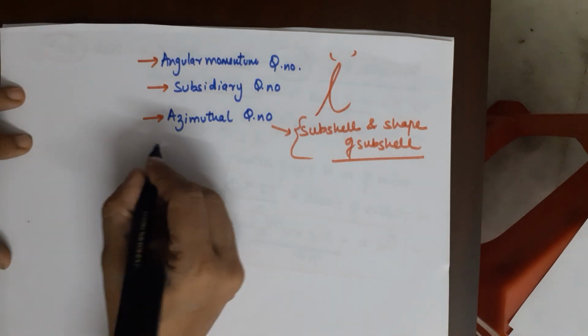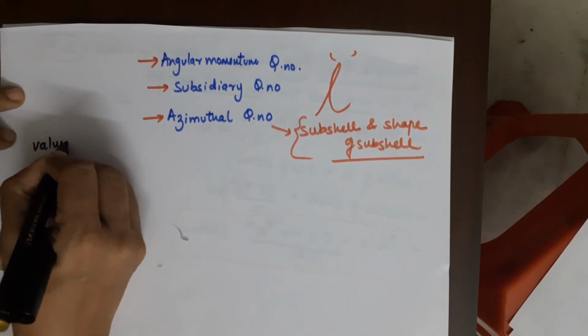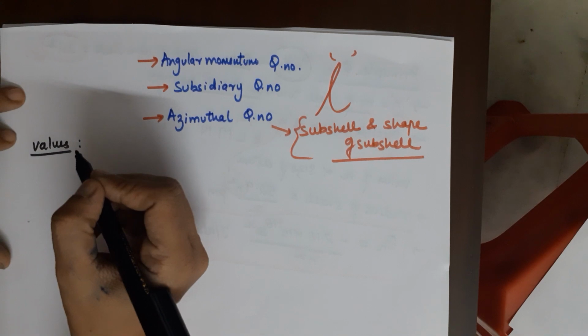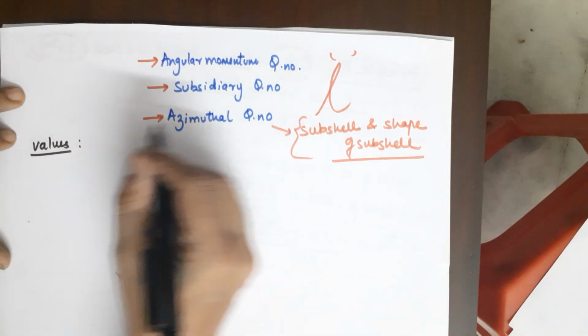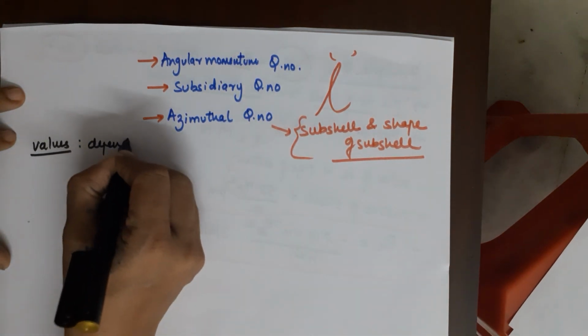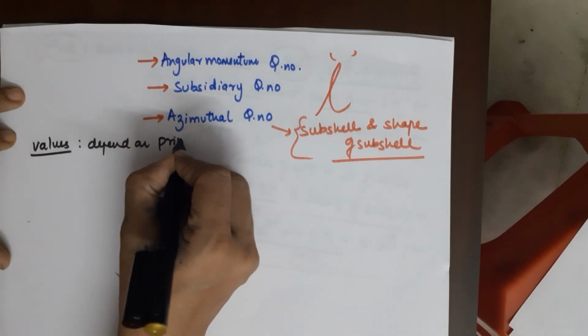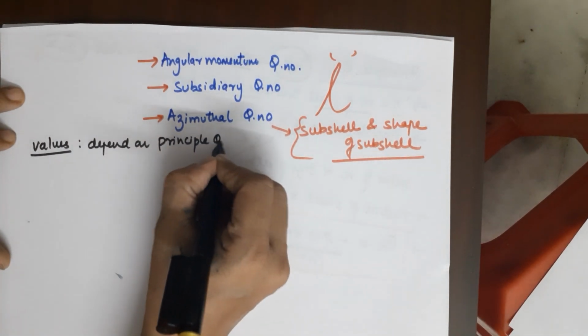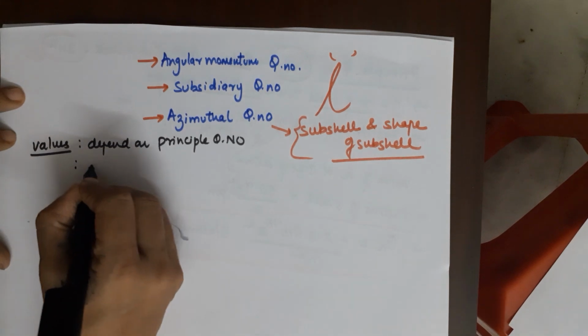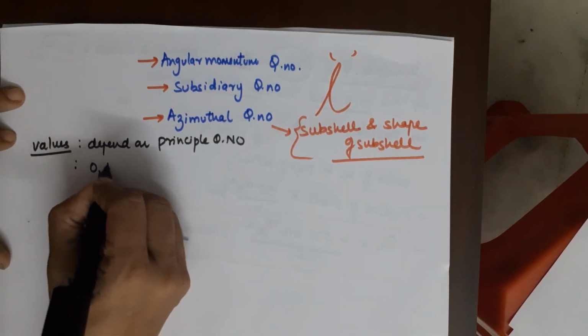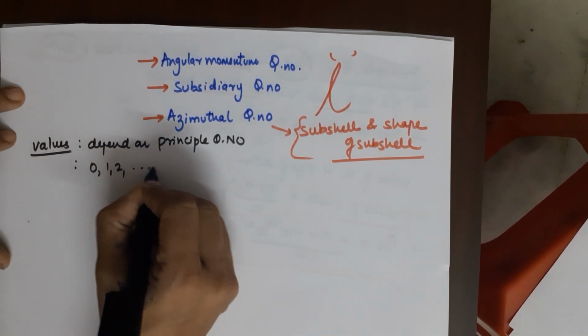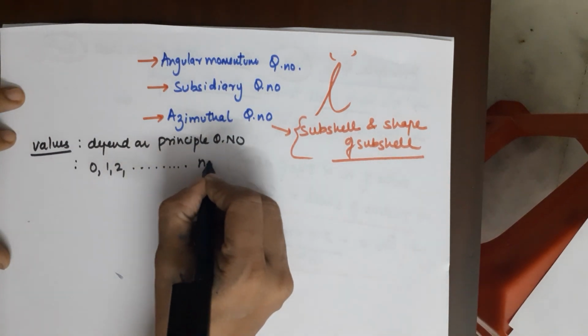Now coming to the values possible, the values permitted to the azimuthal quantum number depend on the principal quantum number, which means the values begin from 0, 1, 2, whole number values, and they go up to n minus 1.